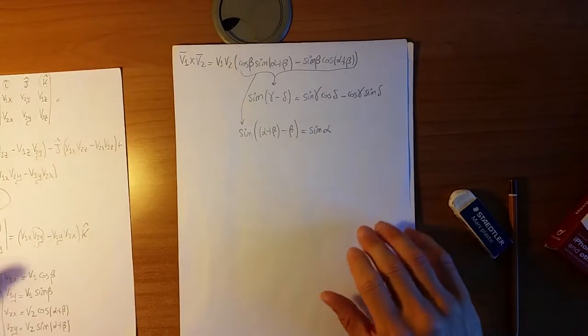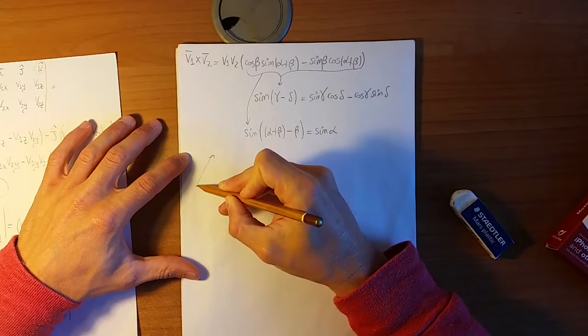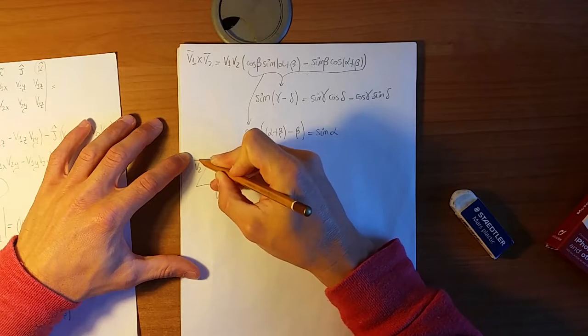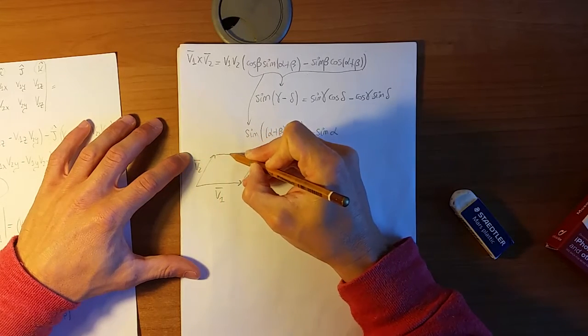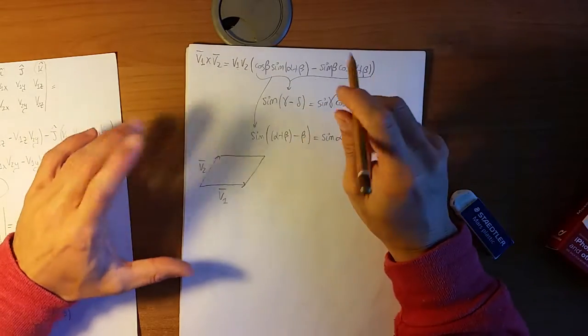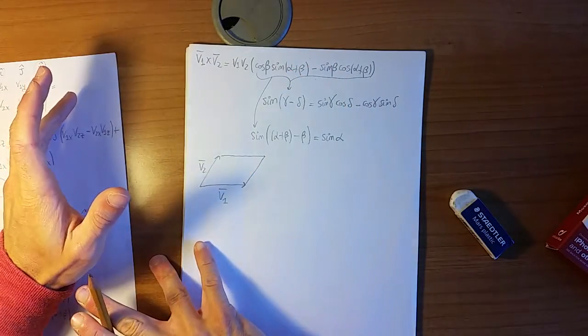And to conclude this lecture, I will also introduce to you the area of a parallelogram. In particular, if you want to compute the area of a parallelogram, which is something that we will use in some next lectures when we talk about the Jacobian and the transformation relating one set of variables to another one.